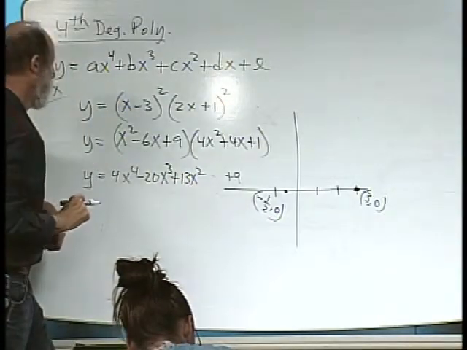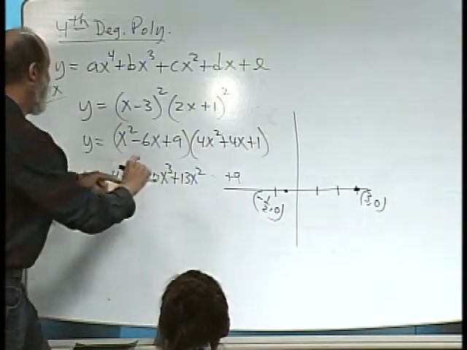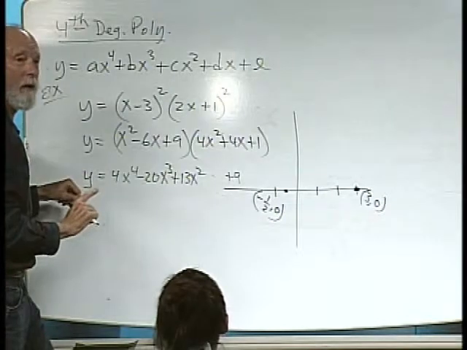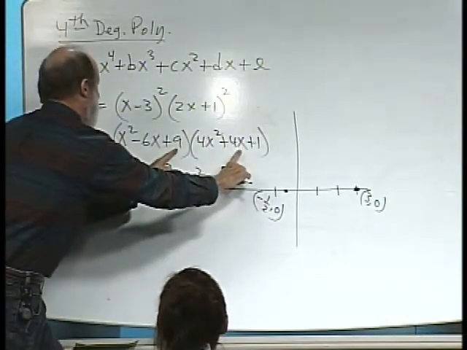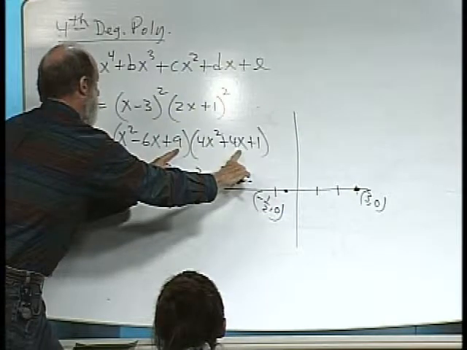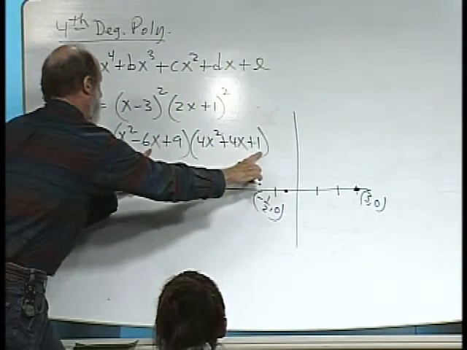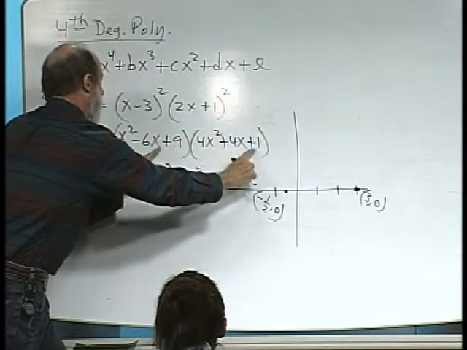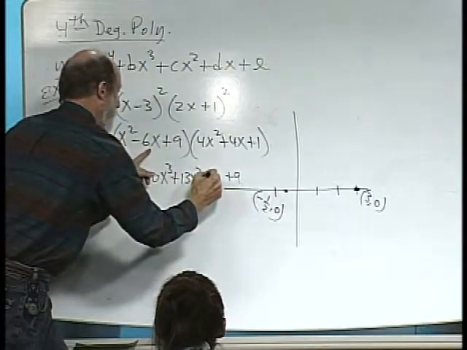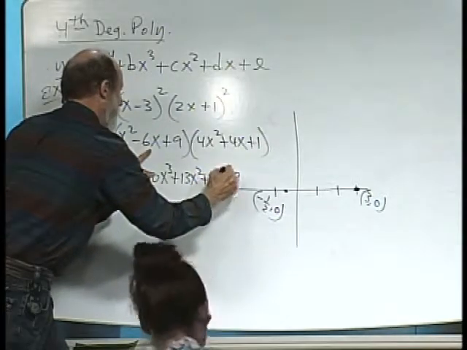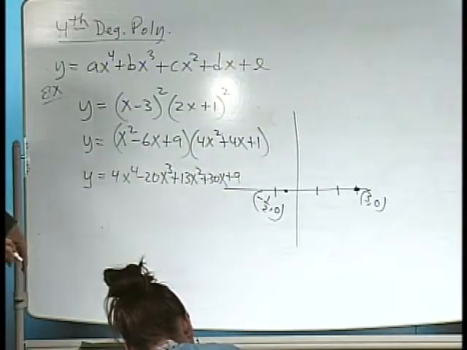No. Thank you. Oh, yeah, maybe I did. Nope, I missed it. Okay. And then any linear terms? That's 36x minus 6x plus 30x. Is that right? Okay, so here's the expanded form of that polynomial.